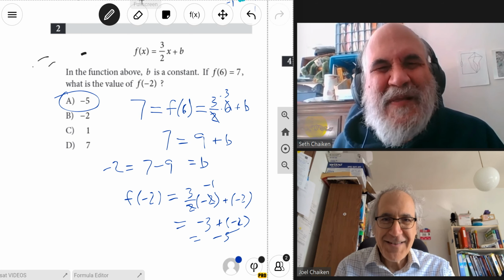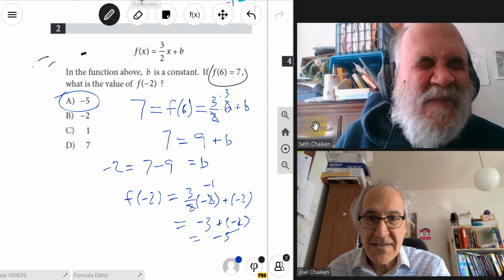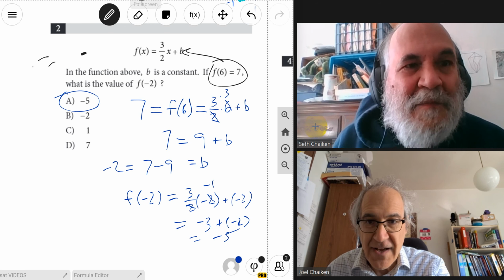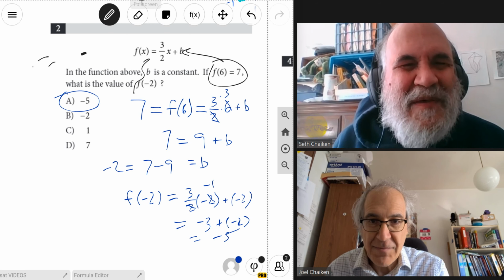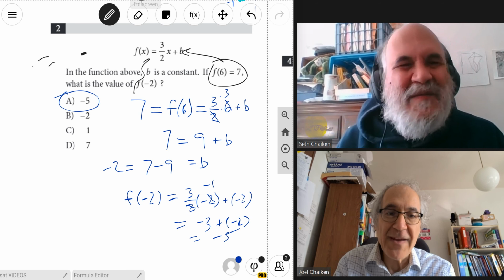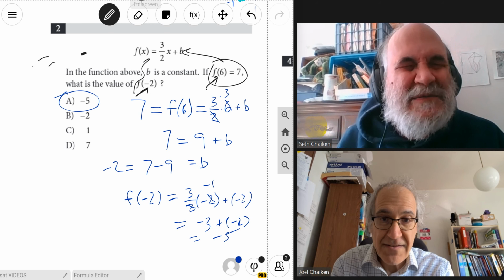You just use this to solve for b, and then once you have b, you can apply f. You have to know that f of 6 and f of 2 is a notation that means evaluate the function when x is this number or when x is this number.